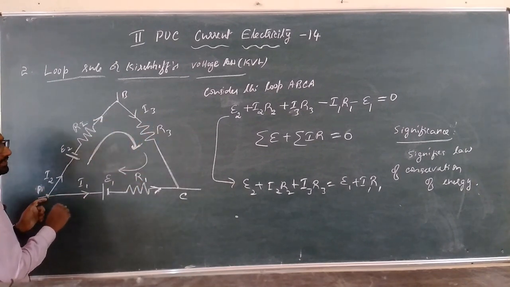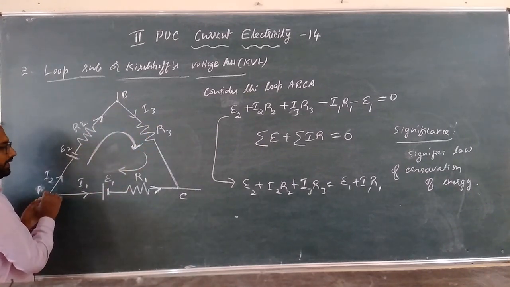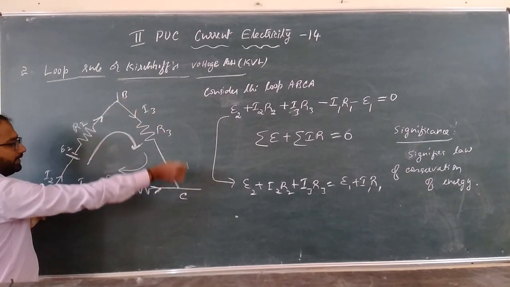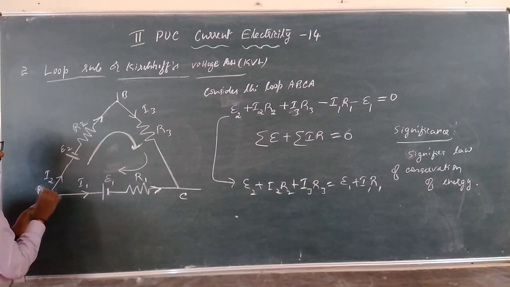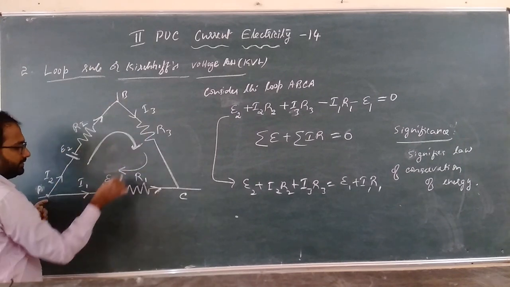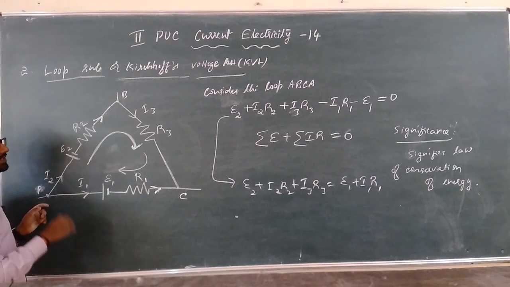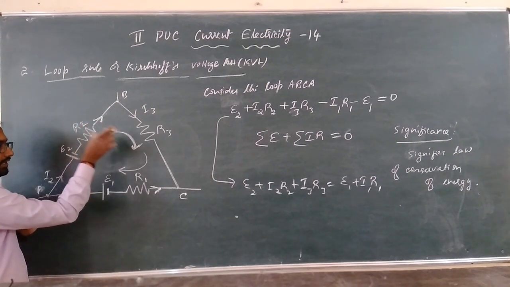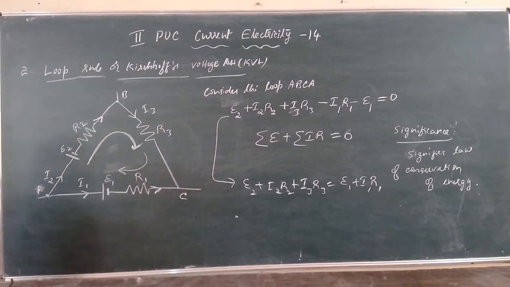As the charge moves in a loop, as it moves from A to B, C, and then returns to the initial point, that is A, the sum of raises in potential associated with the EMFs is equal to the sum of drops in potential energy associated with the resistors.